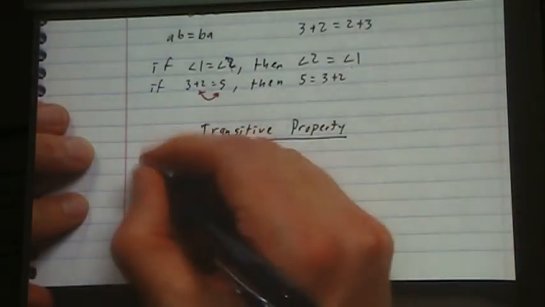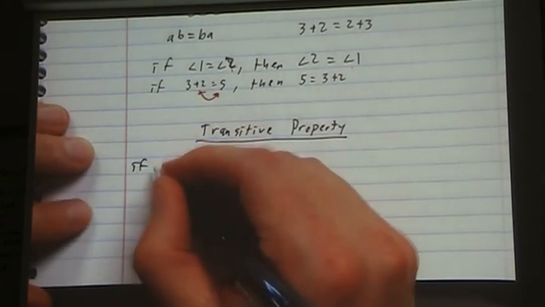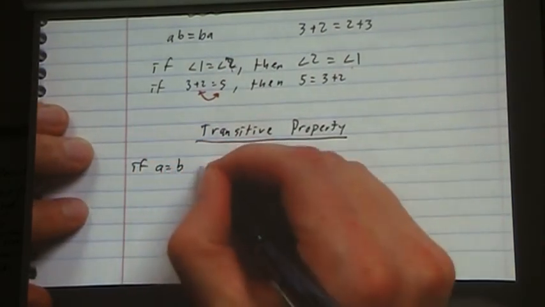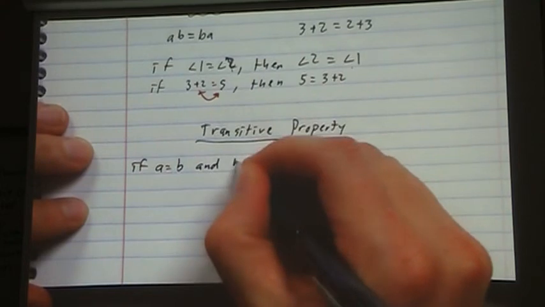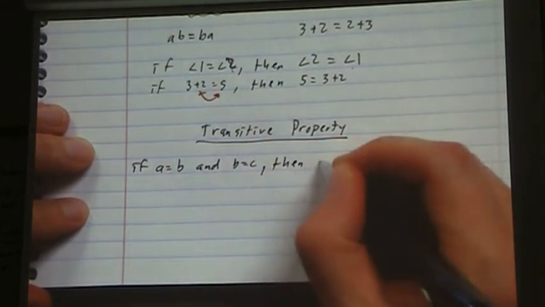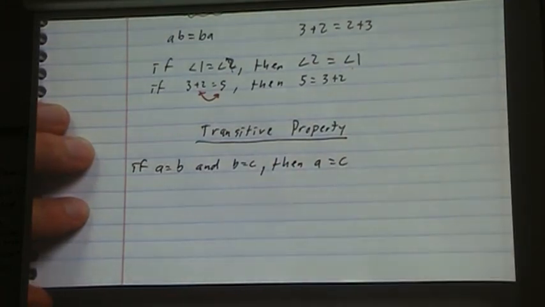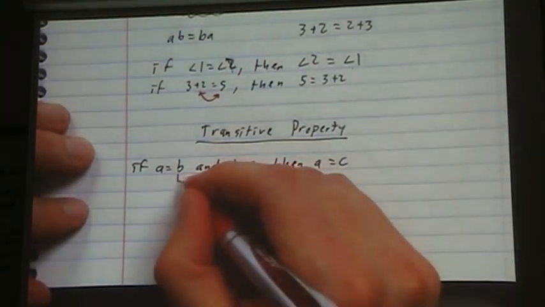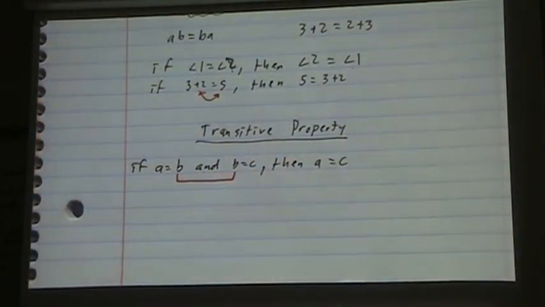And what this guy says is if A equals B and B equals C, then A equals C. And what you're doing is you're basically making a link right here and connecting those two pieces so that you can connect the ends. And honestly, we do this all the time. You guys do this with critical thinking and whatnot.